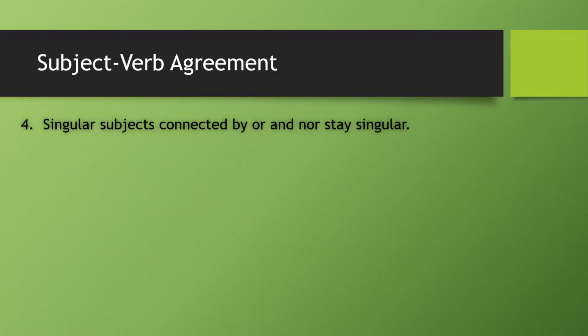Rule number 4. Singular subjects connected by or and nor stay singular. Now this is where it might become a little bit confusing, but singular subjects that are connected by or and nor stay singular.